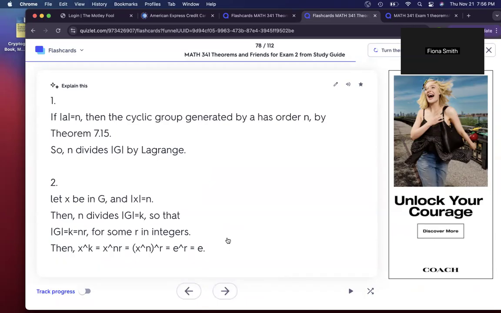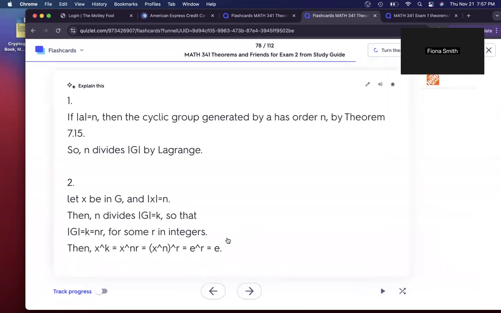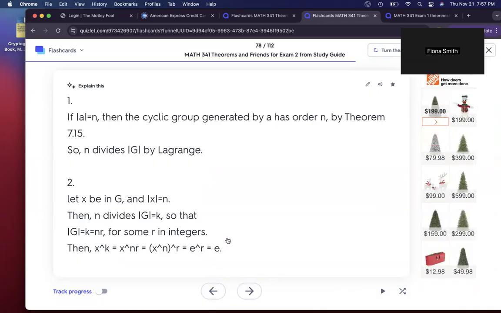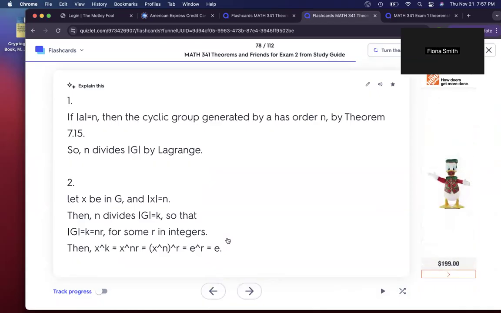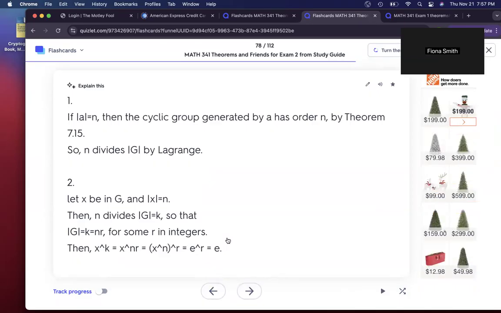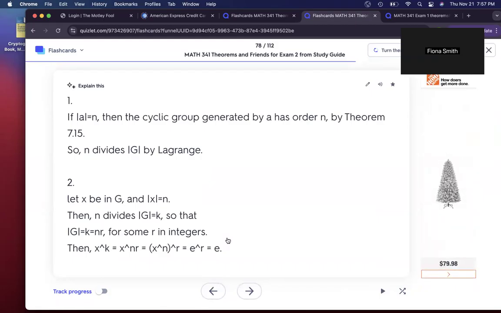Whatever theorem that was. So X to the K equals X to the NR, and then now we apply theorem 7.9. We say the order of X to the N is R, or no, you just go ahead and use your exponent rules. It's not 7.9, I was mistaken.